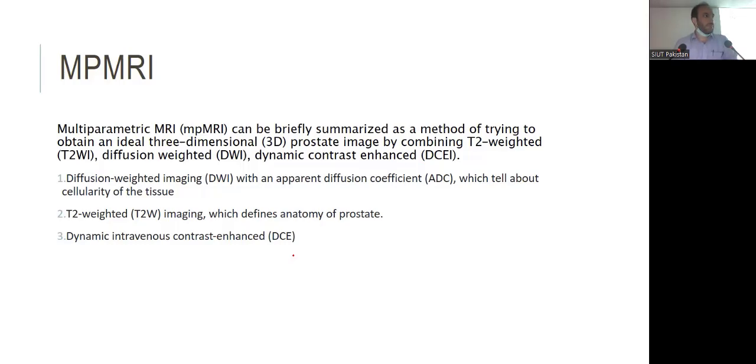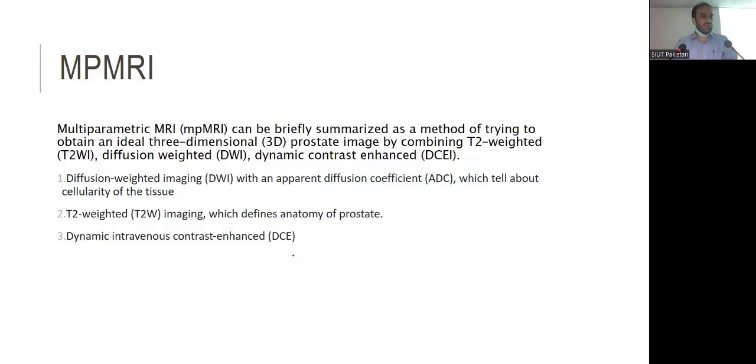Can we have all these three imaging modalities on 1.5 Tesla? That depends on the software. On a 1.5 Tesla machine, if the software is updated, especially DWI, it is easily available. Unfortunately, the software update in our department is not new.